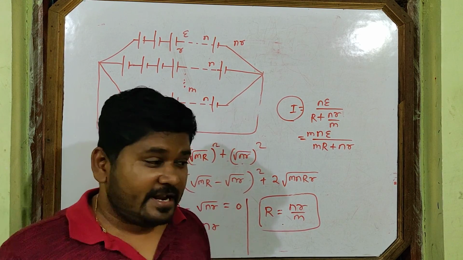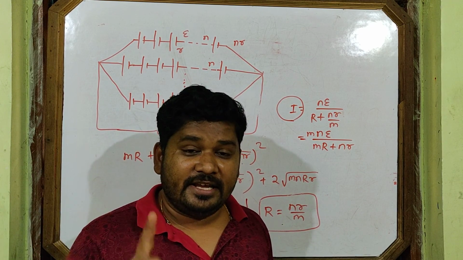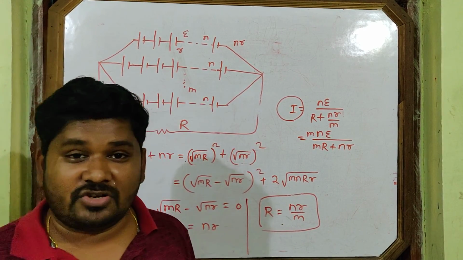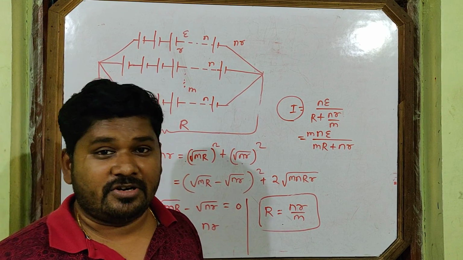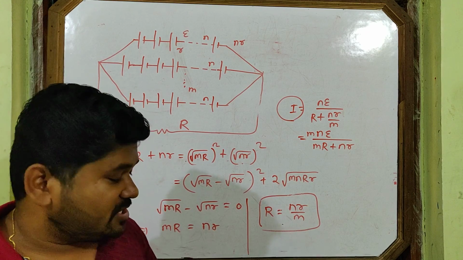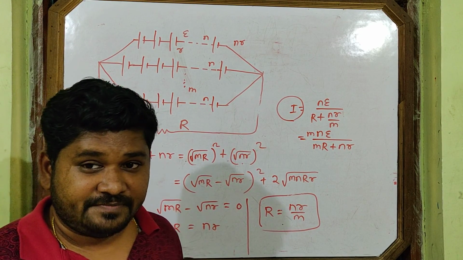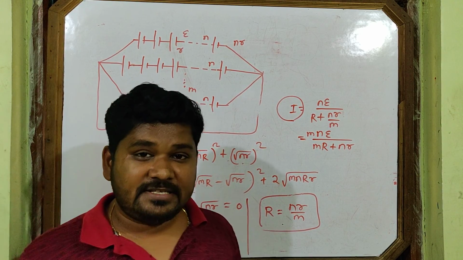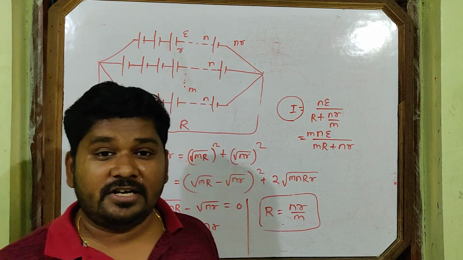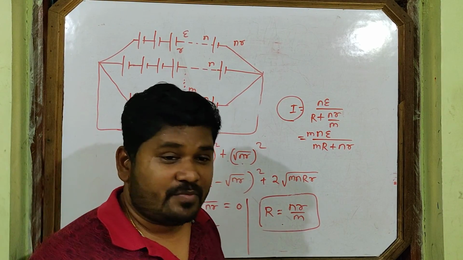Remember, when external resistance is equal to total internal resistance, then maximum current is drawn from a cell. Remember this condition, it will be used in some numericals. Current will be maximum if external resistance is equal to total internal resistance. Very important.